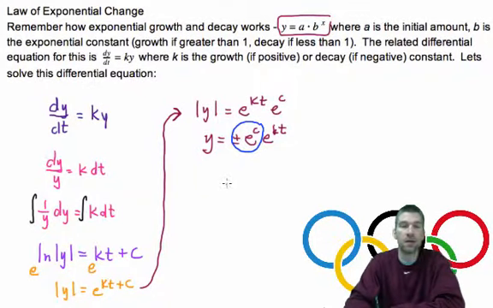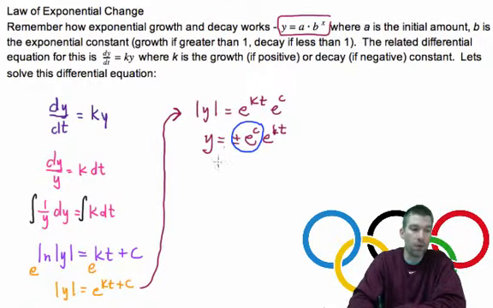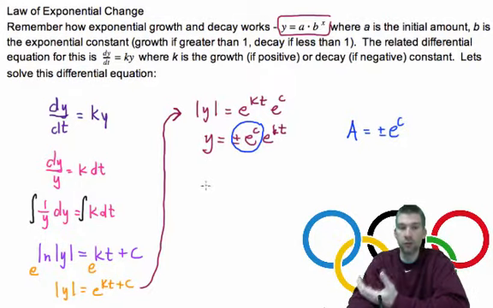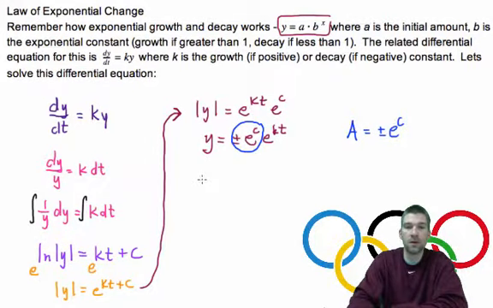This is a number. This will be our initial value. So we will let A represent plus or minus e to the c. So our solution for this differential equation will be y equals A times e to the kt.